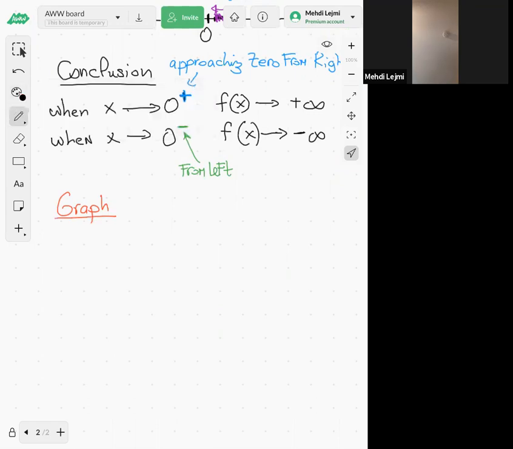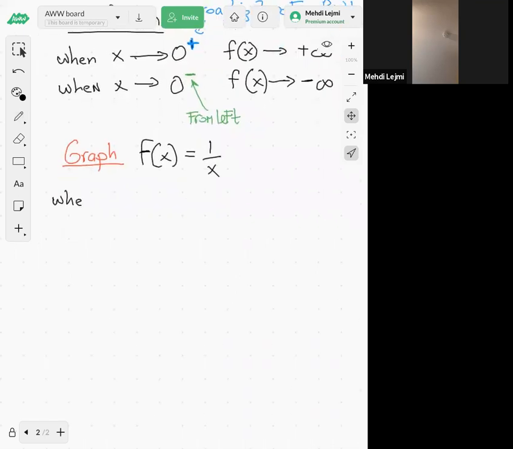So I have my f of x equal to 1 over x. We said when x approaches positive infinity, f of x is going to approach 0 from the right.